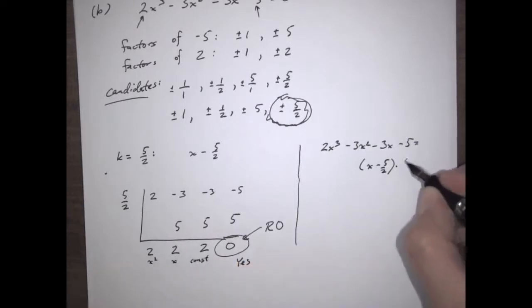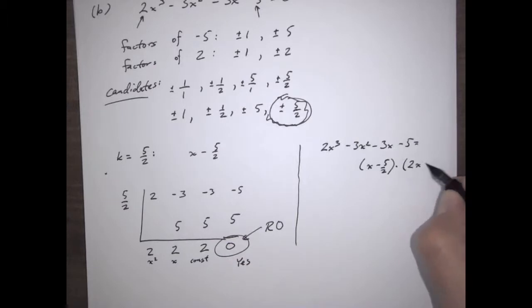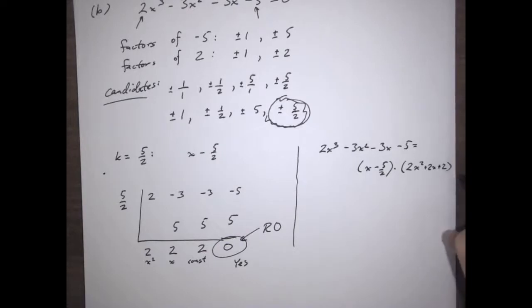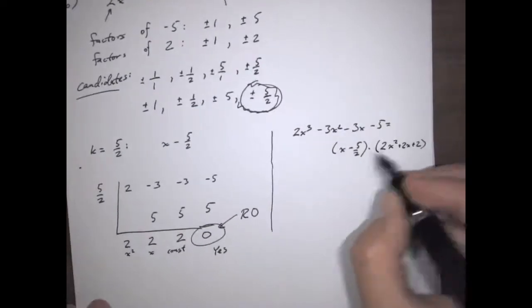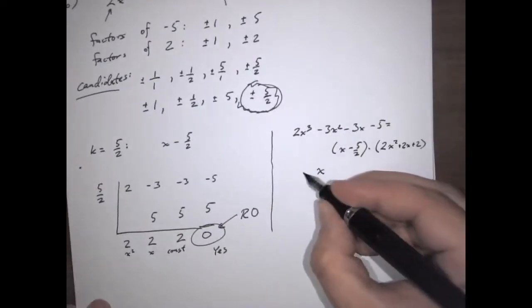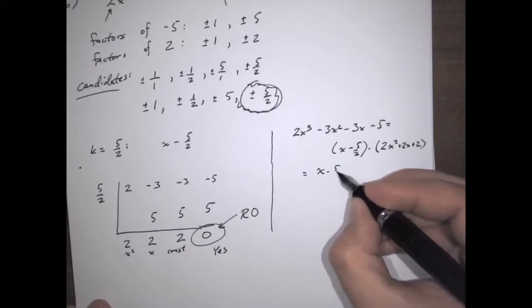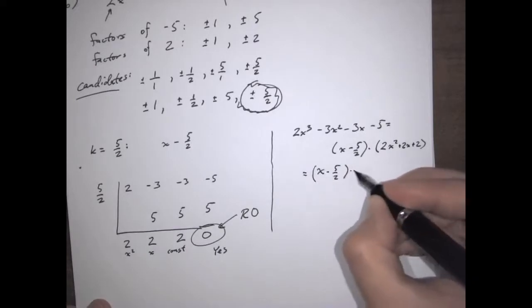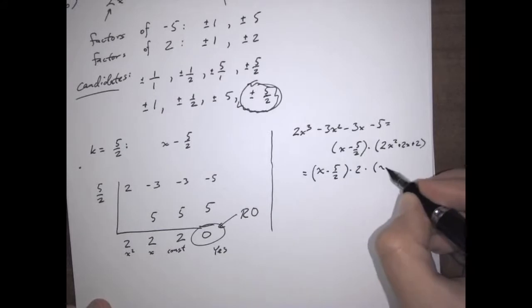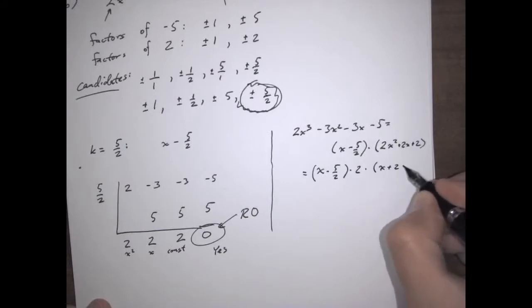So it's going to be times 2x squared plus 2x plus 2. But that means I can factor the 2 out of those. It's going to be x minus 5 halves times 2 times x squared plus x plus 1.